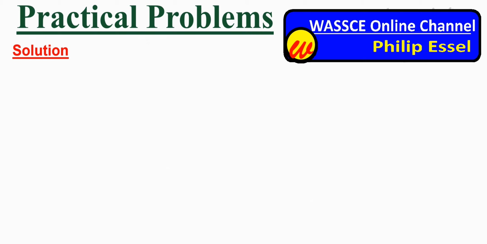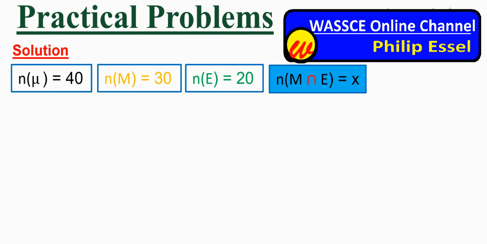So let's look at the solution to the problem given to us. And these were the important pieces of information given to us from the problem. First, we know that the total number of students in that class is 40. We know that the number of students reading mathematics is 30.